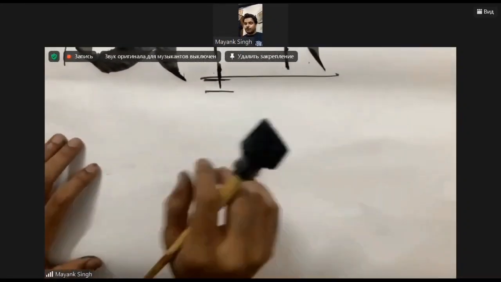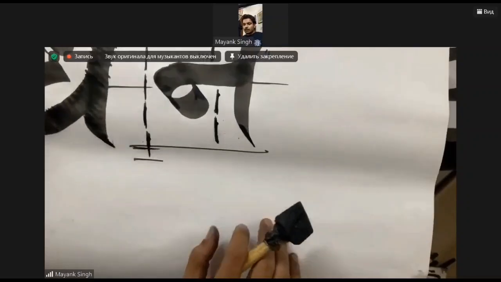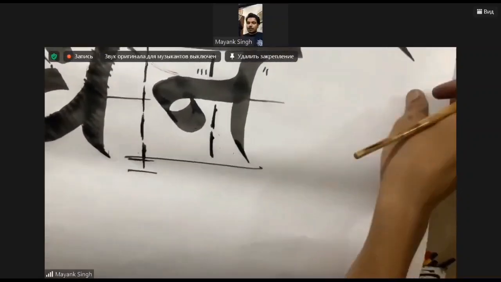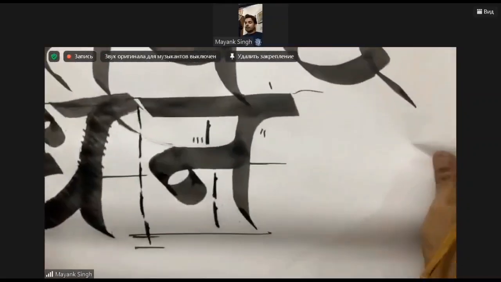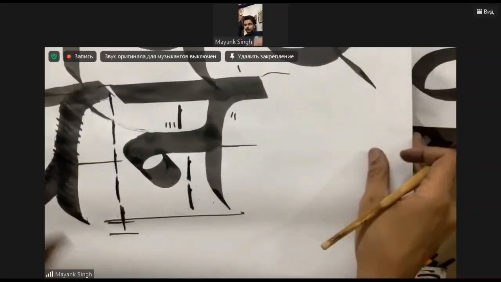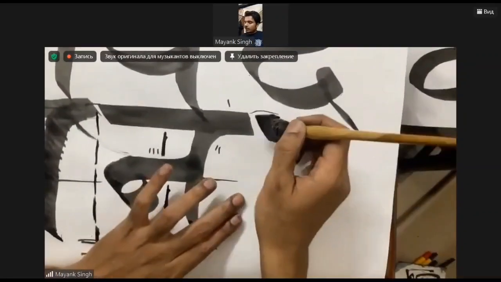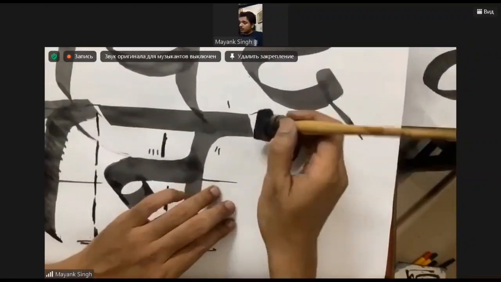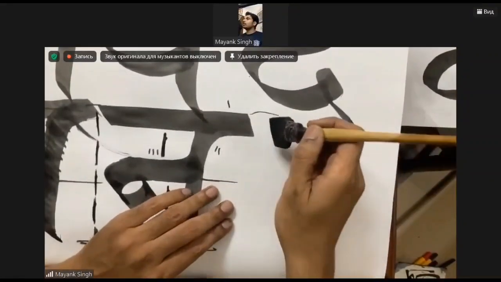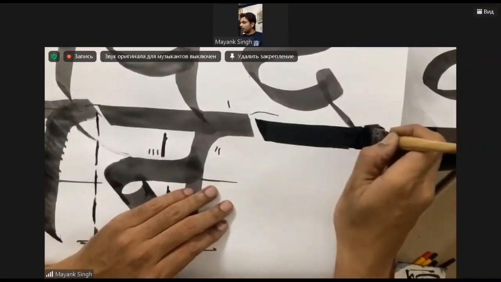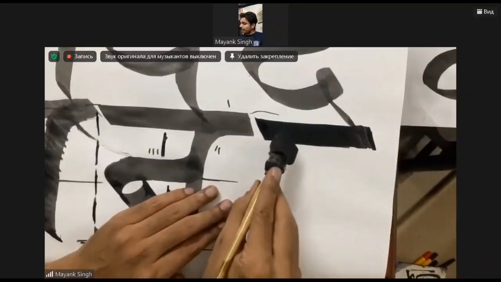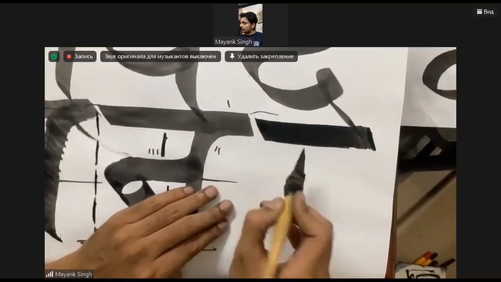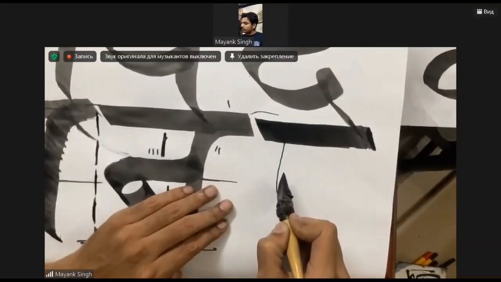Now comes pa. Pa would be similar to what we made Ra. Pa would be Shiro Rekha. And then after the first stroke, this is your second stroke in Pa.